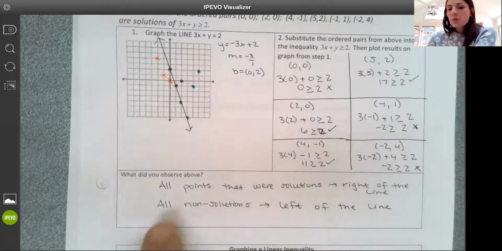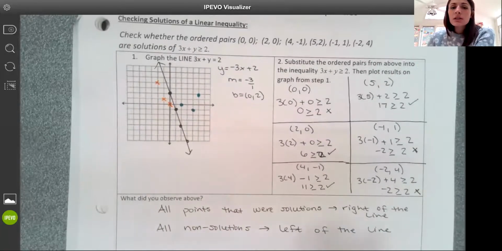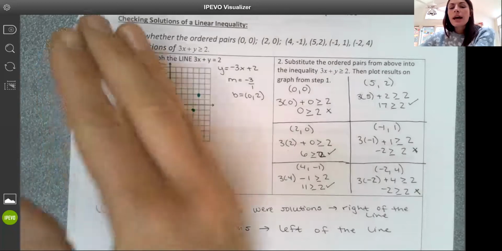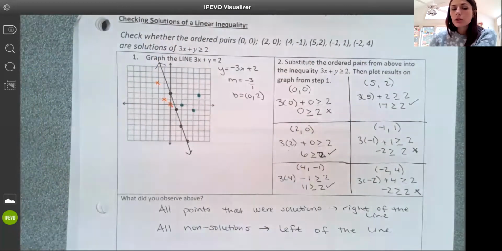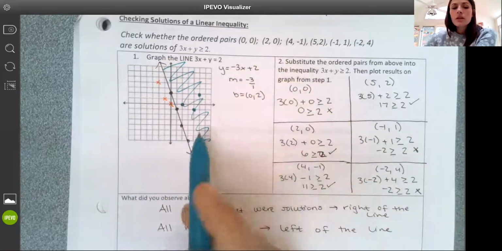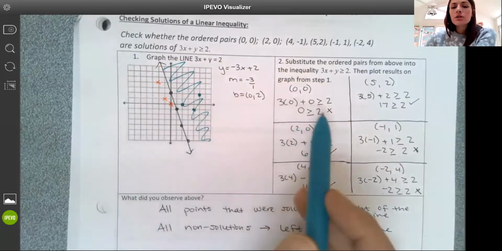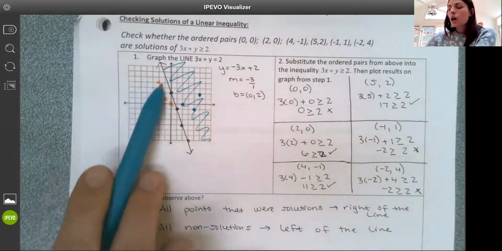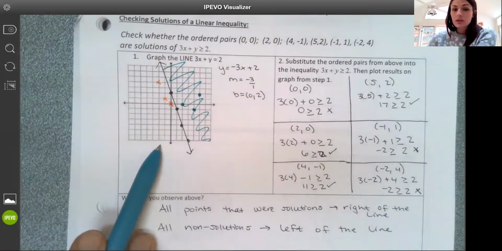So in fact, this is something that's always going to happen with our linear inequalities, our inequalities that have two variables, where we will have a line and one half of the graph will include the solutions. So all of this area, any of these points would be a solution to that inequality. And on the other half of the graph, all of the points over here would not be solutions.